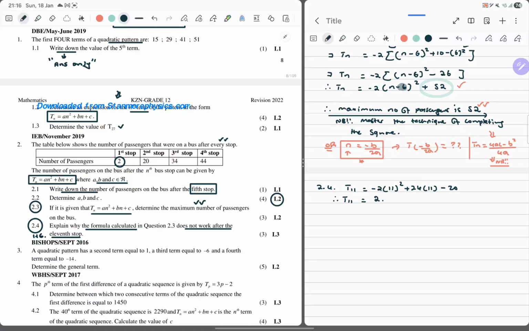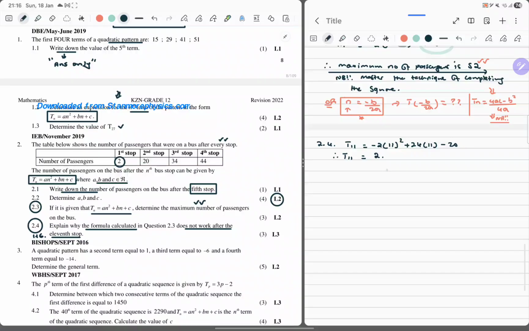Okay, good. In this case, guys, I would like to just draw the sketch for you to see what's going on. So this quadratic is doing stuff like this. Obviously, it starts at a 2, because remember we start from term 1.